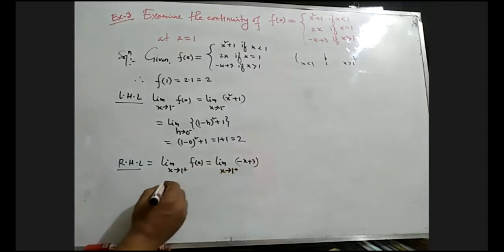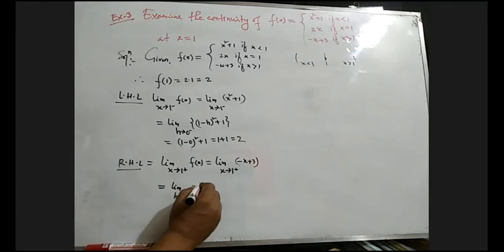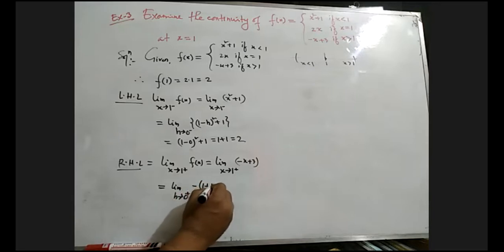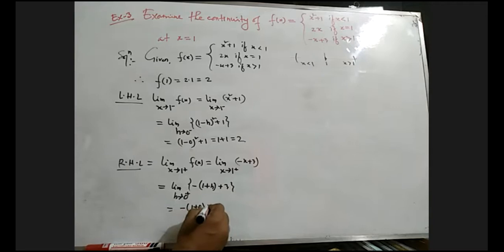So for this, using the h method, h tends to 0, x will become 1 plus h. Now putting the value of h, this equals to what?